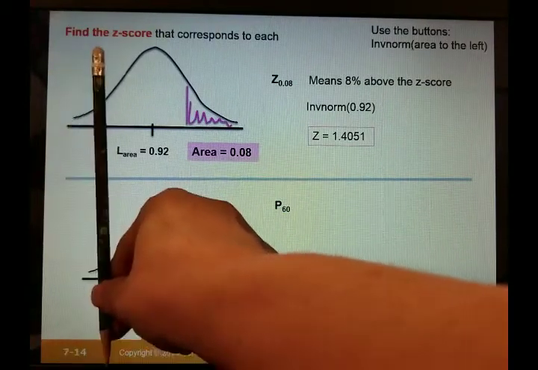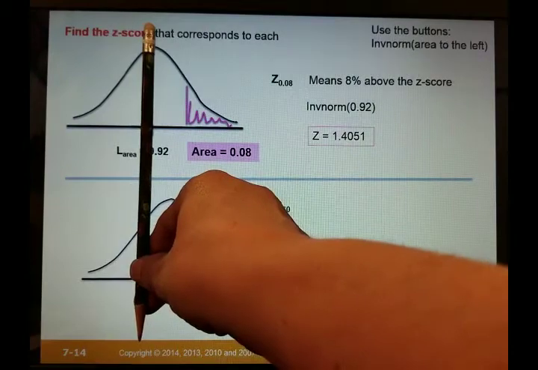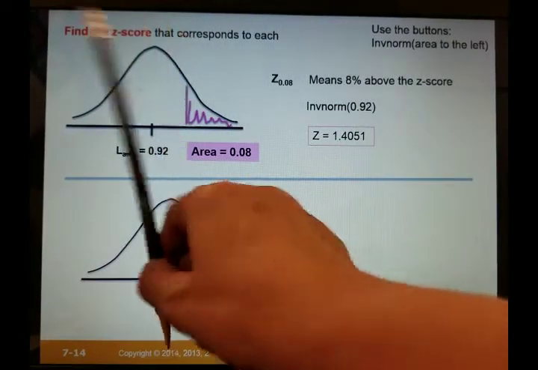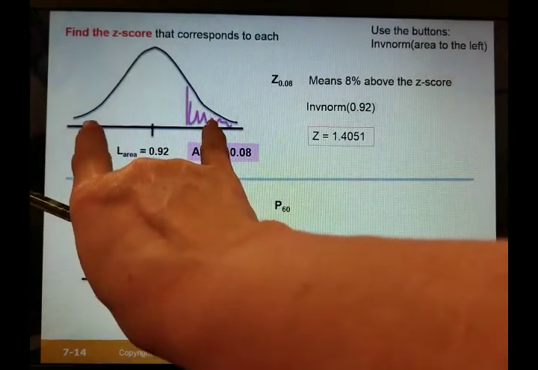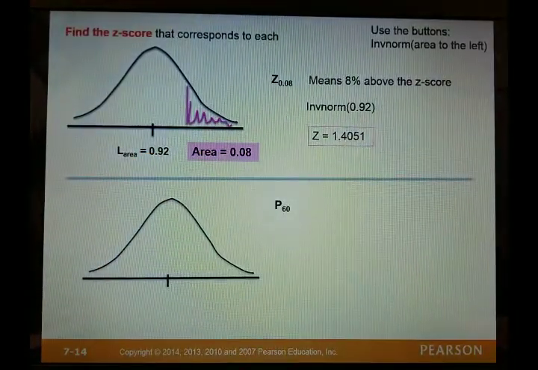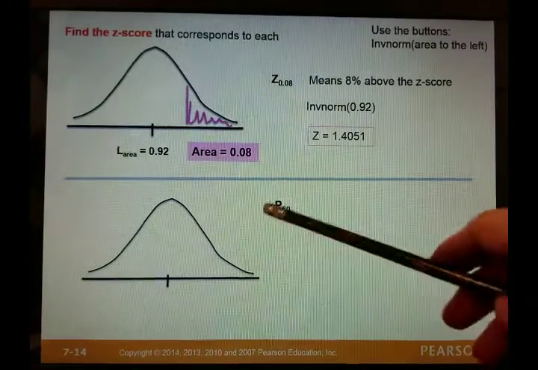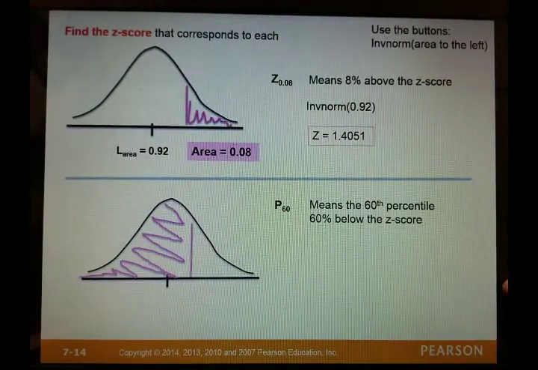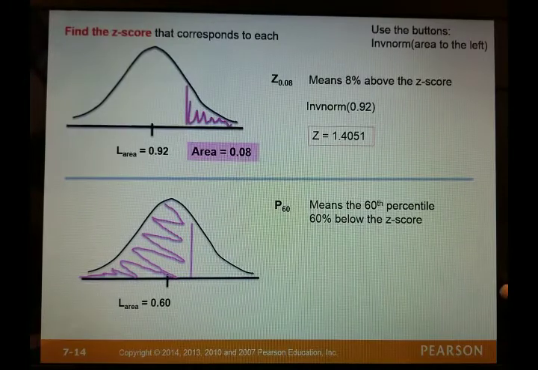But it's symmetric about the middle, about that mean. So this negative z-score here would be equal to the positive z-score over here, where both represent 8% in the tails. Now, percentile, the P60, already means 60% was below. So just inverse norm, that's already your left area. So inverse norm of 0.60.